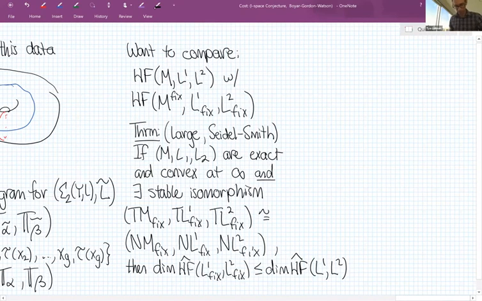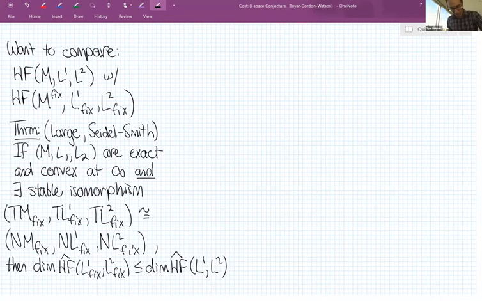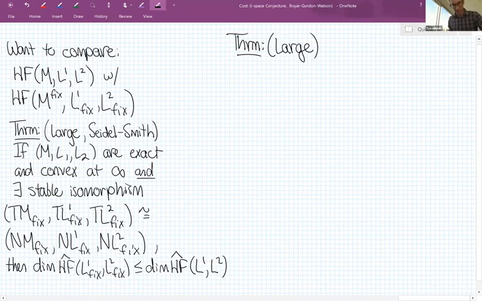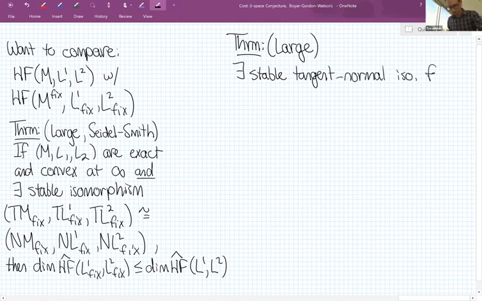So in my last minute, I'll just mention the theorem of Large, that there exists this stable tangent-normal isomorphism for a very similar involution, for the same picture, except when we remove both of the base points.